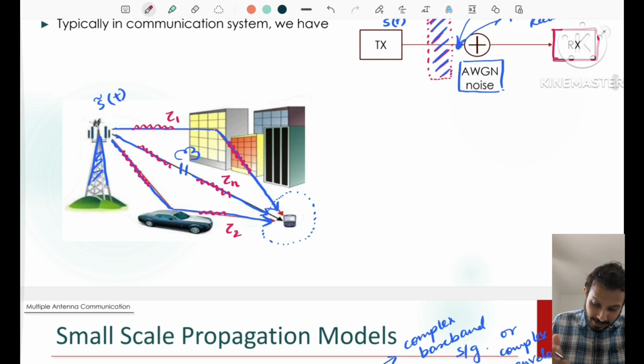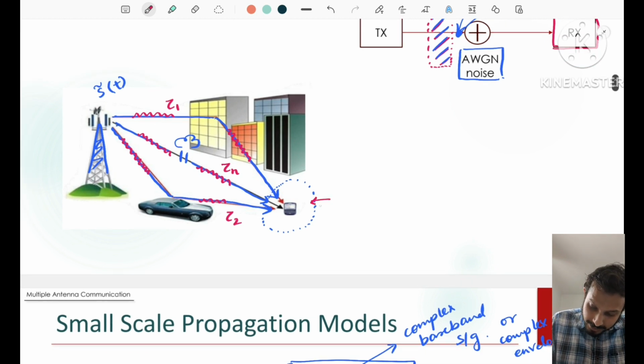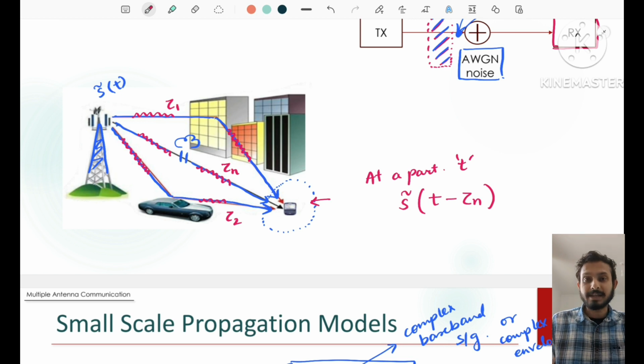This implies at the receiver, at a particular time t, we have the signal that was transmitted tau n before the present time.